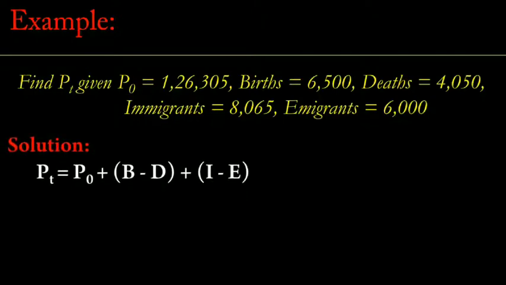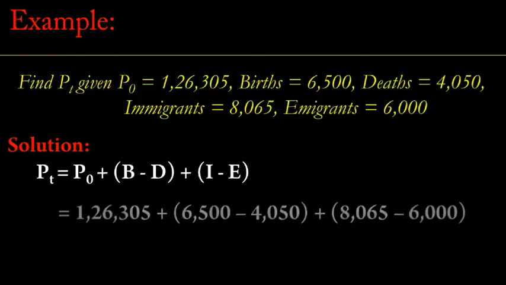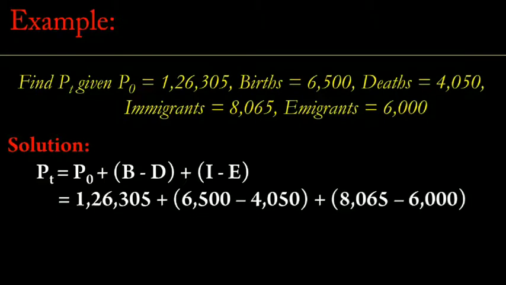Pt equals P naught plus B minus D plus I minus E. P naught, the value is given in the question, just substitute the value, 1,26,305 plus number of births, B, is given as 6500, so substitute that value, minus deaths 4050 plus number of immigrants 8065 minus number of emigrants which is 6000.